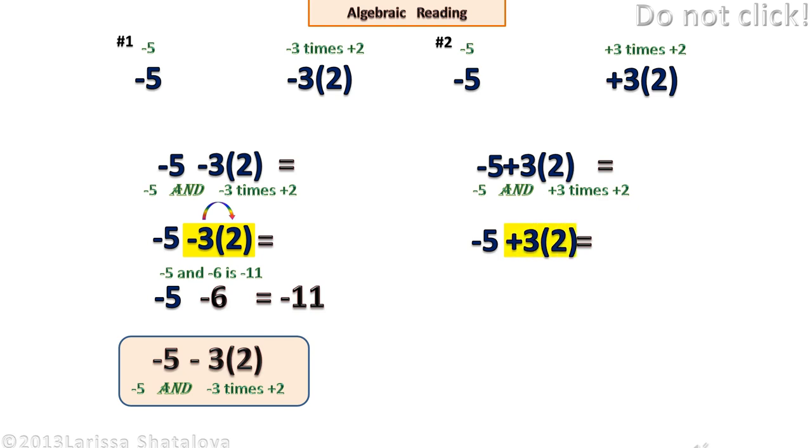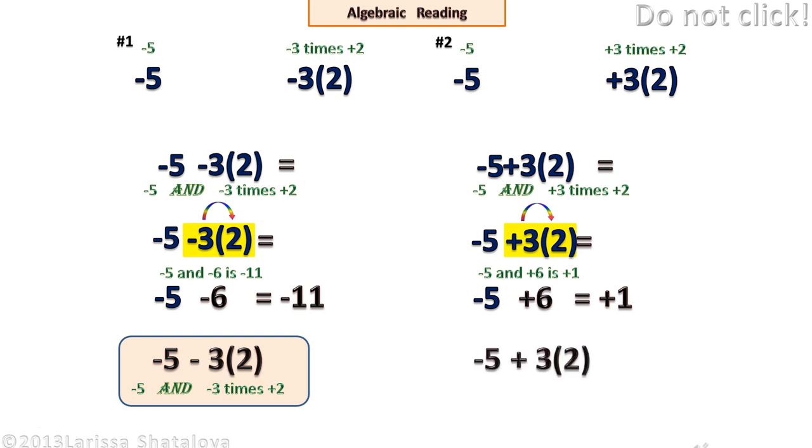Positive 3 times positive 2 is positive 6, and negative 5, which we had before. So now we can read this together. Negative 5 and positive 6 is positive 1. Now let's talk about how to read this. Negative 5 and positive 3 times positive 2.